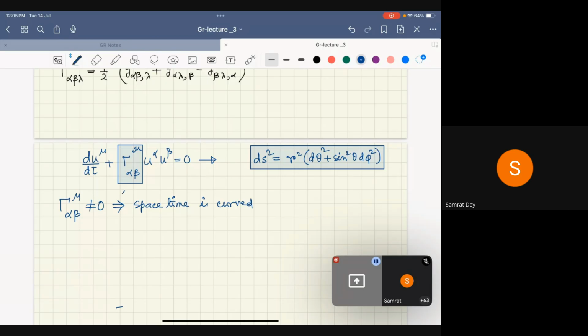It does not mean that. You may get non-zero gamma mu alpha beta even for a straight line if you write the equation of the straight line in polar coordinate, which is what I have shown yesterday.